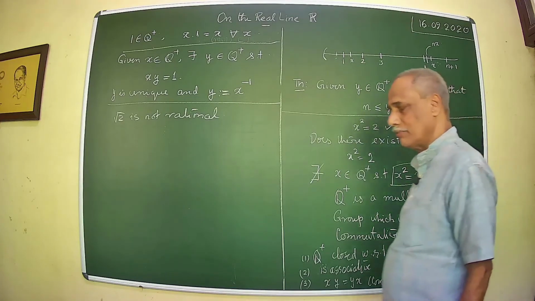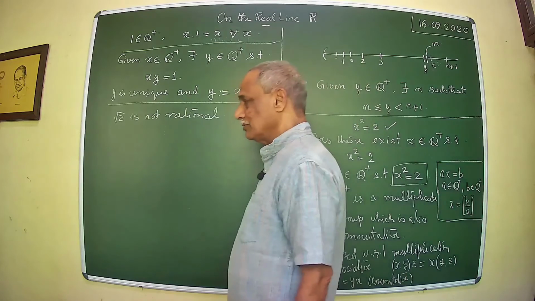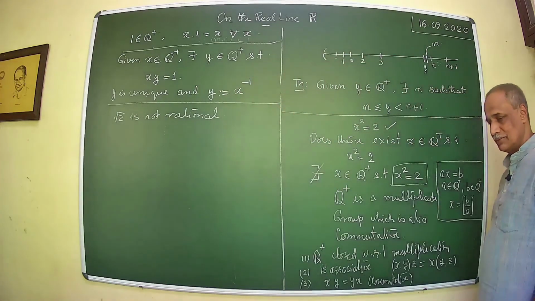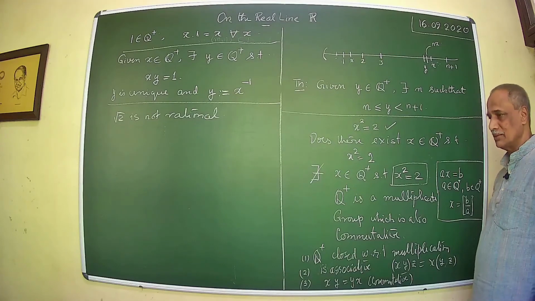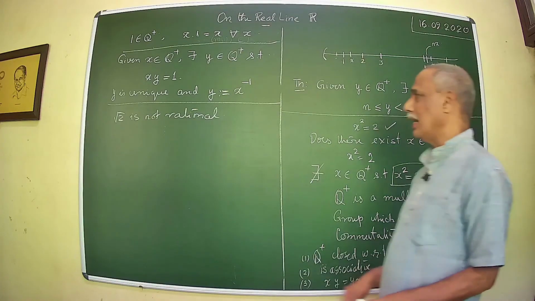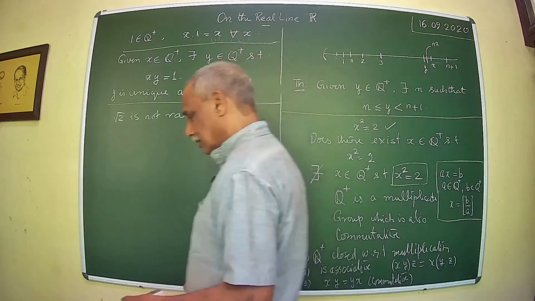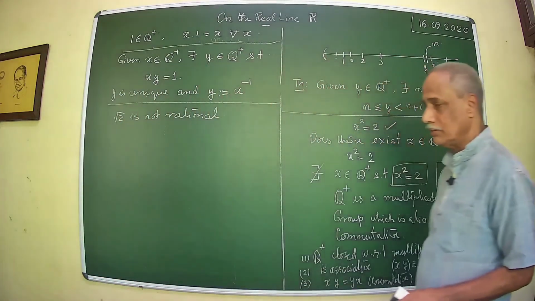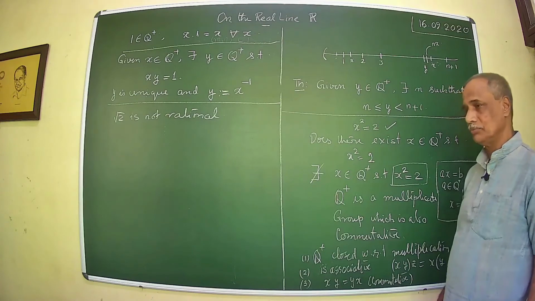So p square equals 2q square. Therefore, p square is even. That's what you infer, and from that you arrive at the condition that there is a common factor between p and q given by 2.